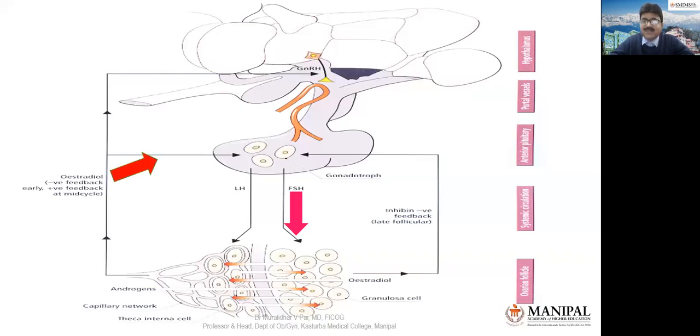This is a good daughter, I should say. So when there is enough money, she tells her parents that enough money, don't need to send it. So it will tell the pituitary, its father, shall I say, enough of FSH now, there is no need of FSH. Side by side, another sister, that is inhibin.